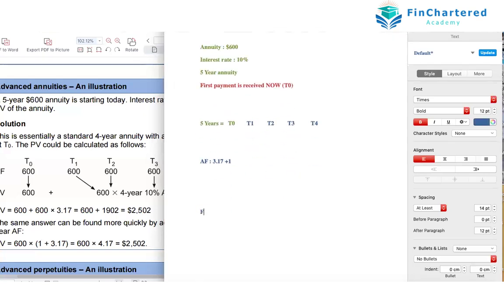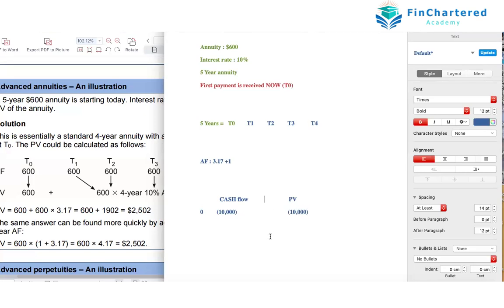Remember, I told this again for those of you who are confused. If I'm investing 10,000 at time 0, what is the value of that now? The cash flow is 10,000. What is the present value of that now? Same 10,000.